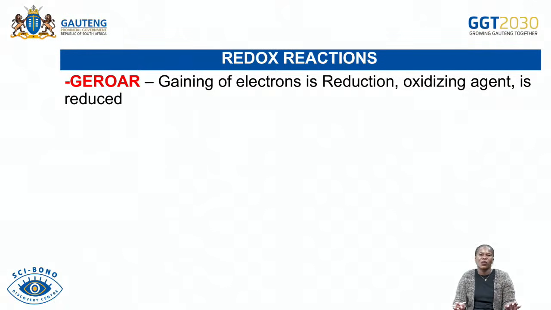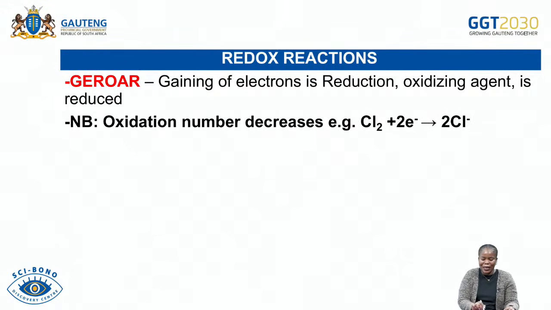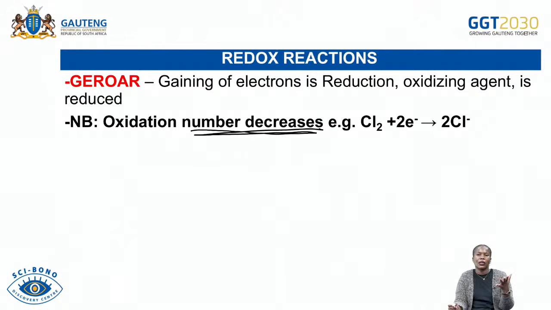What is reduction? It is the gain of electrons. When we are gaining electrons, what is it that happens? There is a decrease in the oxidation number. Let's take a look at it in a chemical equation. So chlorine over here, before it was a what?